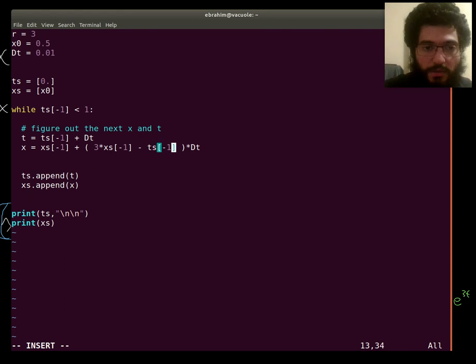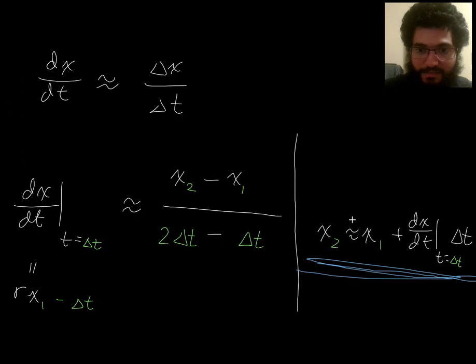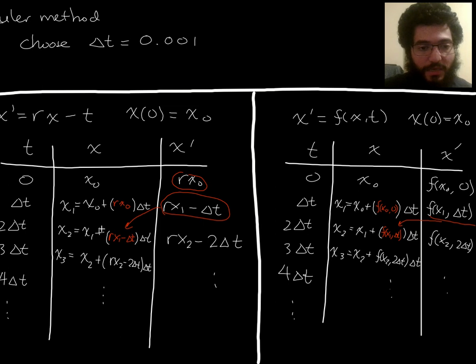Okay, so why not put in t here? Why am I putting in this? That's because t is the new value of t, right? And here I'm trying to evaluate the derivative. I'm trying to evaluate x prime, kind of like this. Really, let me look at this table.